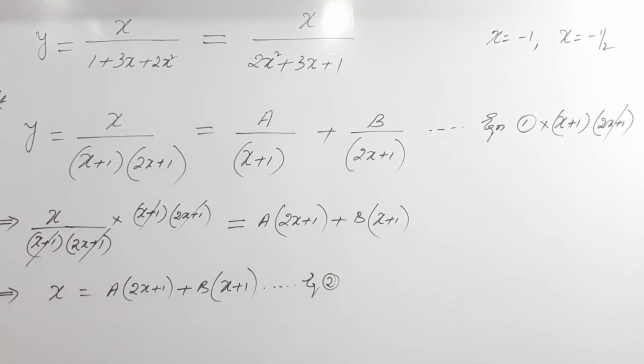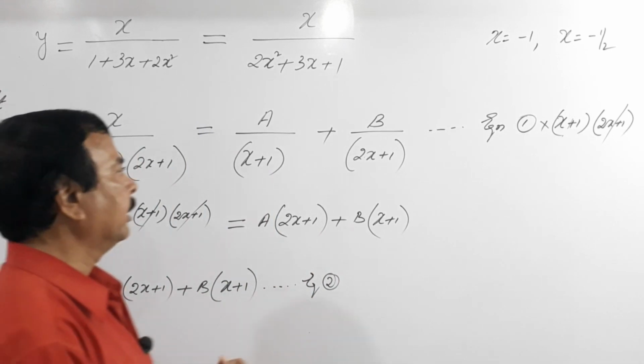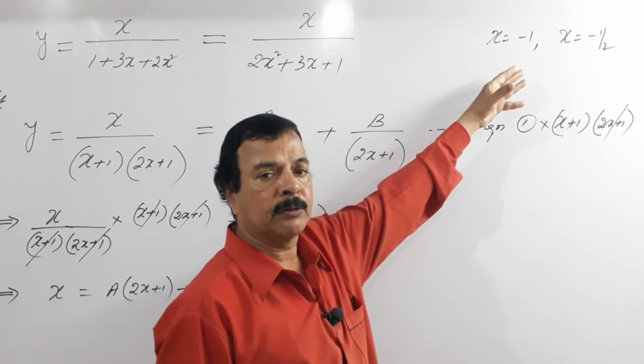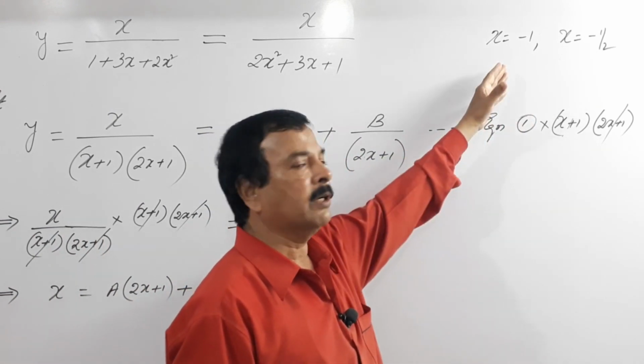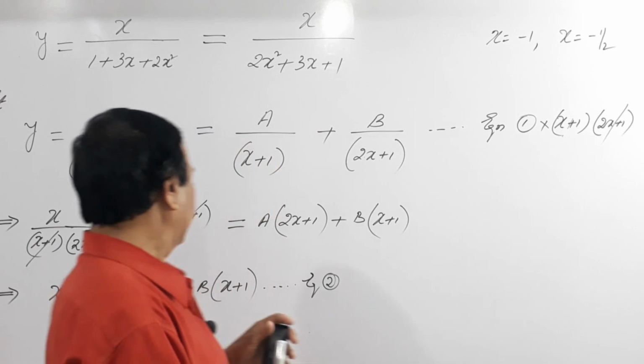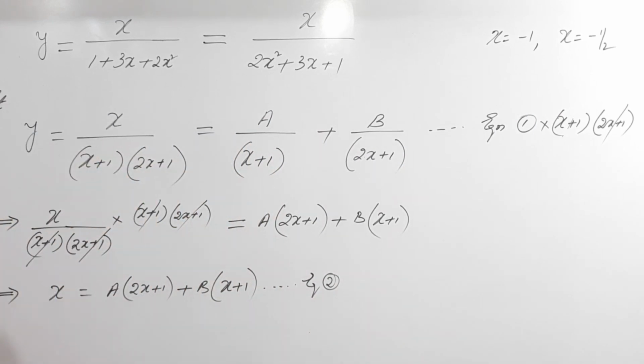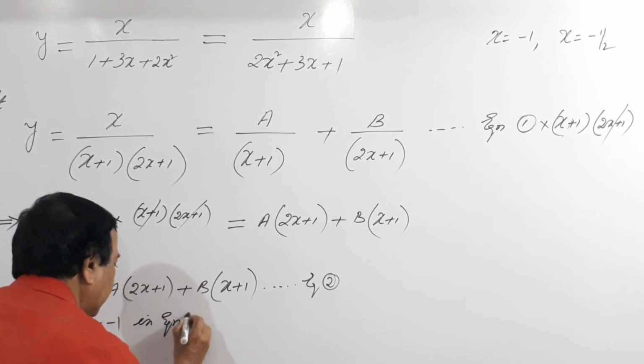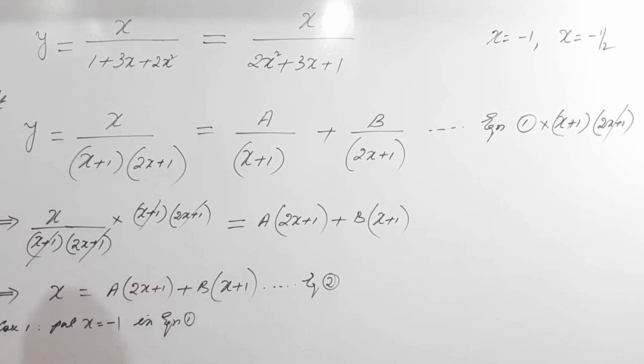Now we have already found the values x equals to minus 1 and x equals to minus half. Case 1: put x equals to minus 1 in equation 2. What happens here?